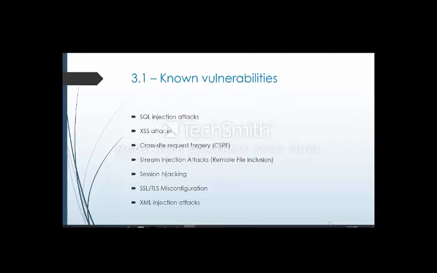The other attack is called stream injection attack or remote file inclusion. What is this attack? This is when, for example, I have a website, and in my website I use a library from a different website. It's perfectly fine to do this, and this is considered an advantage in PHP.